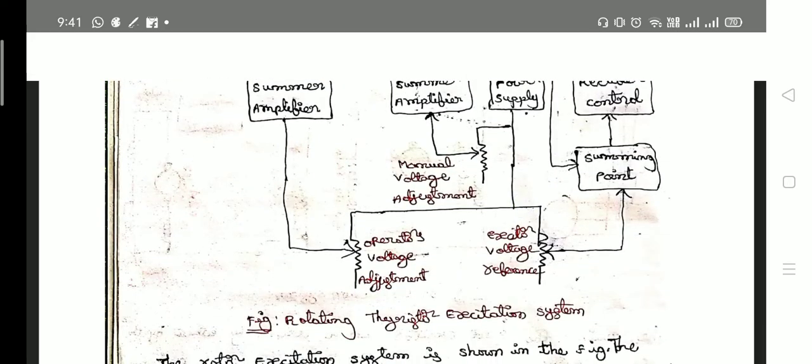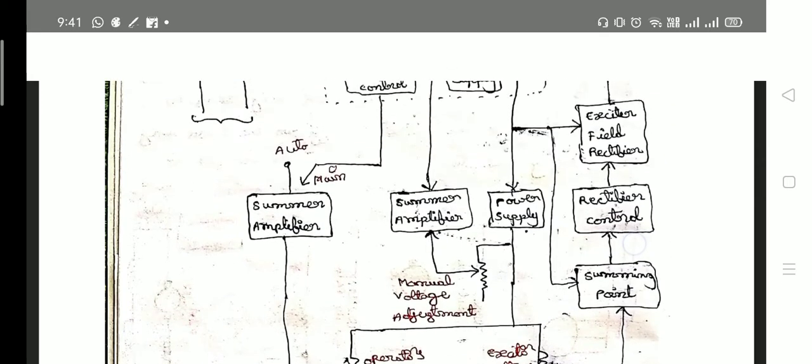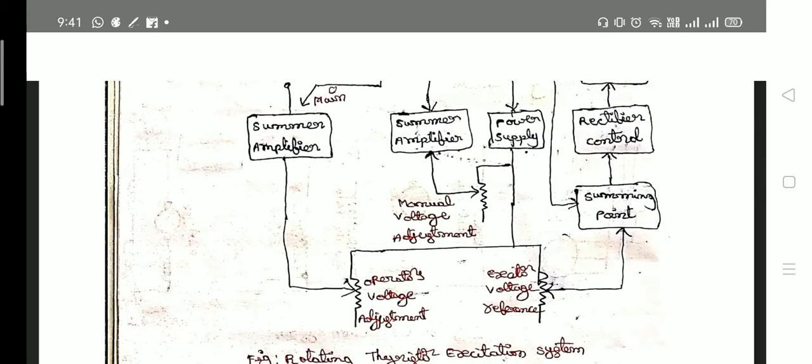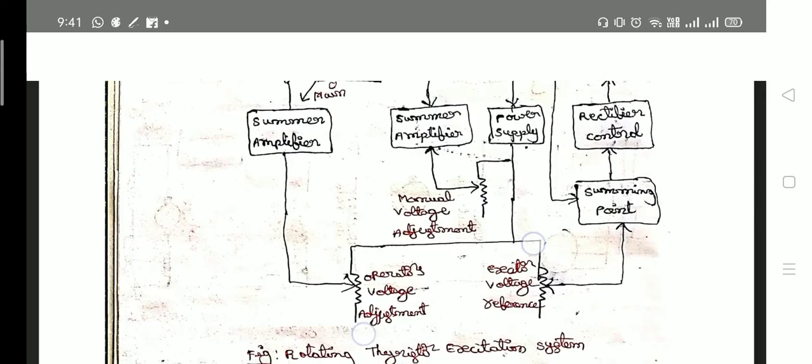We can give the main alternator voltage here, and the exciter output voltage will be given here. Both sides of the voltages will be compared here and given to the manual voltage control. Here we can control it manually.